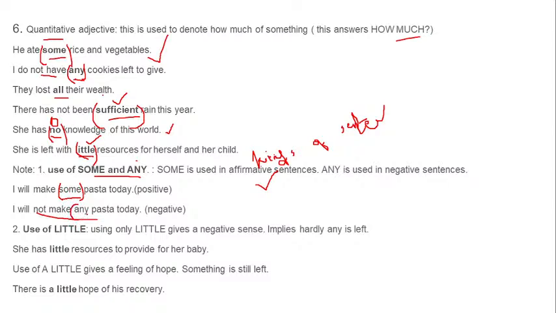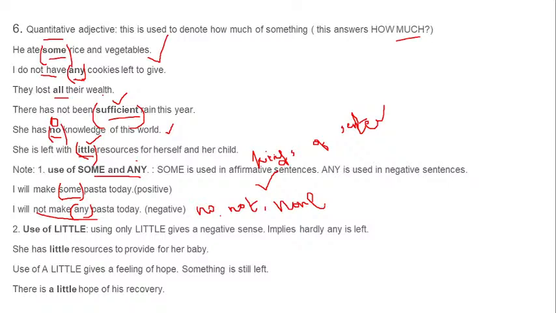So any is always used in a negative sentence which involves no, not, like this. There are various kinds of negative sentences which imply none of them. None is also a negative word. So any should always be used in a negative sentence. You can't use any in place of some.